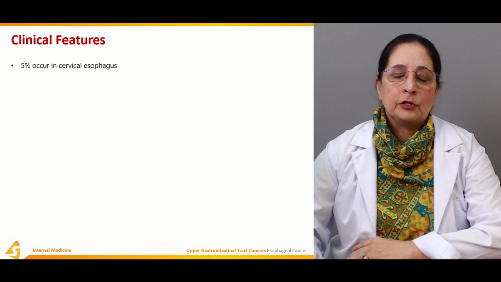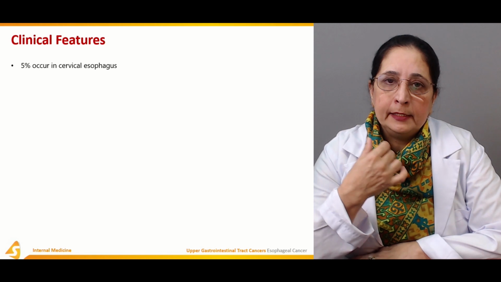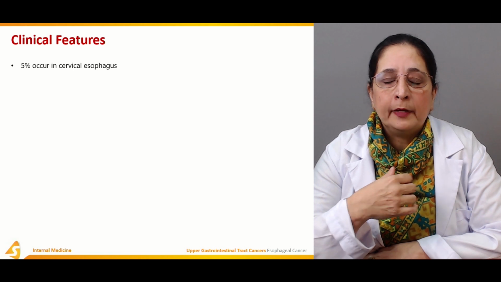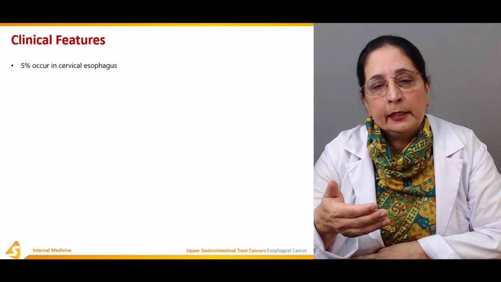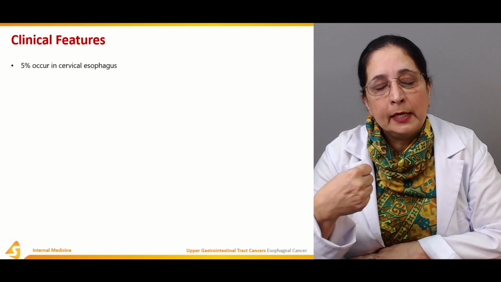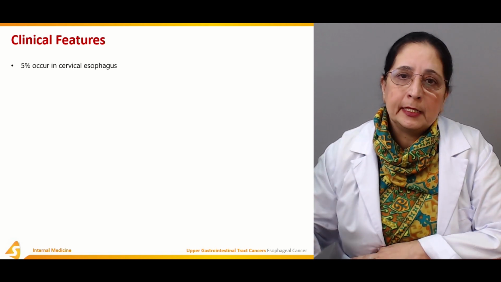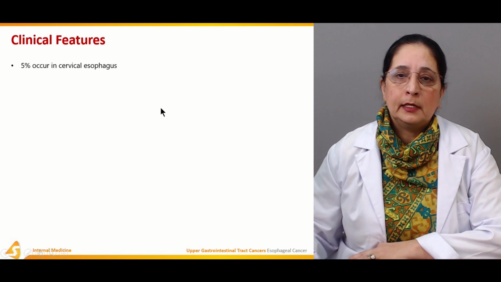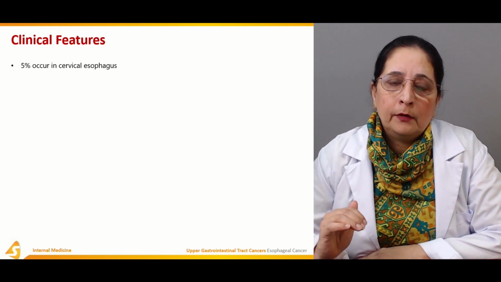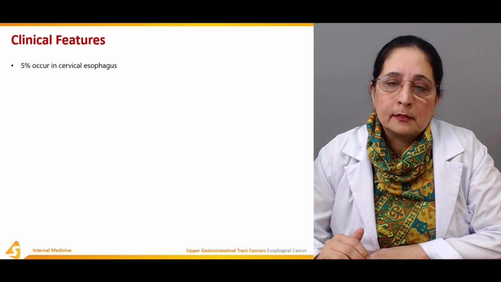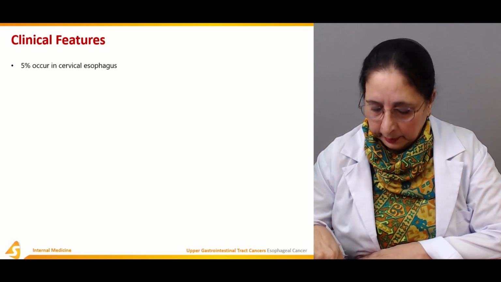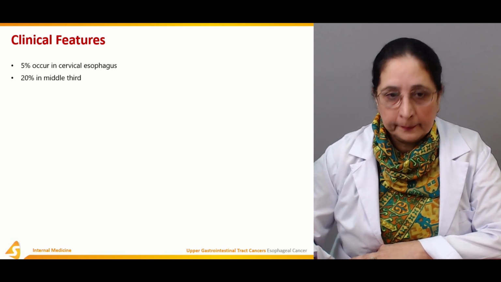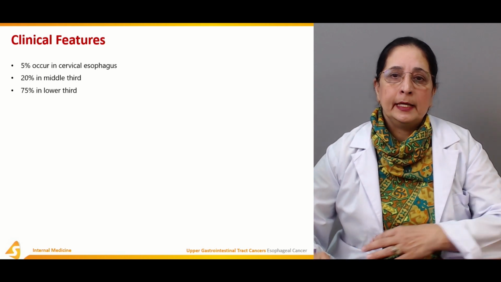Clinical features of esophageal cancer: the esophagus is a tube through which the food passes. So whenever there is cancer or growth in the esophagus, definitely all the clinical features associated with swallowing and eating are present. Five percent occur in the cervical esophagus, 20% occur in the middle third and 75% in the lower third.